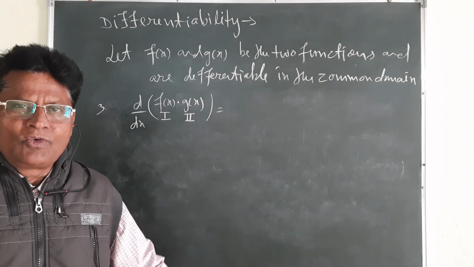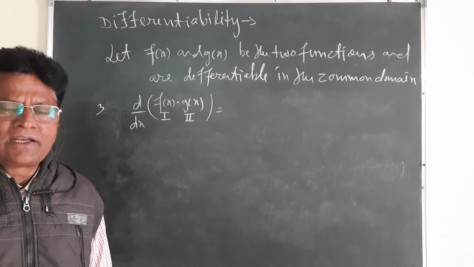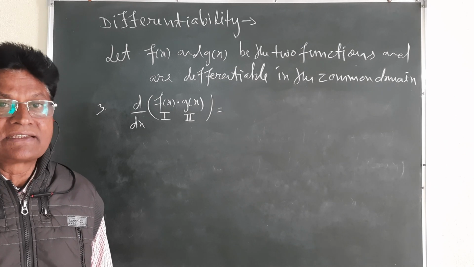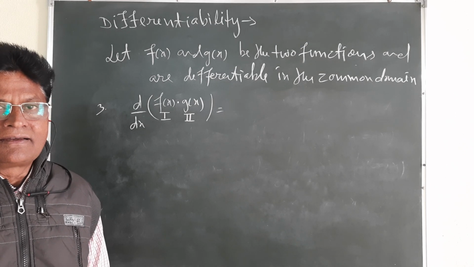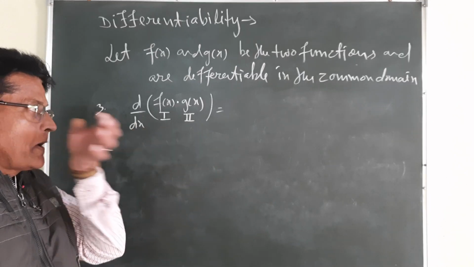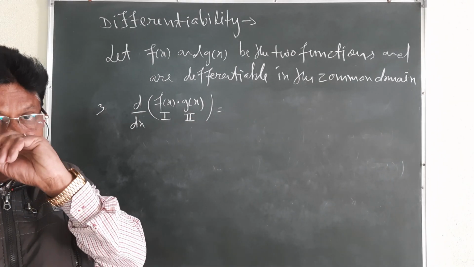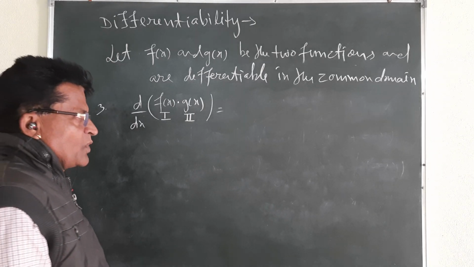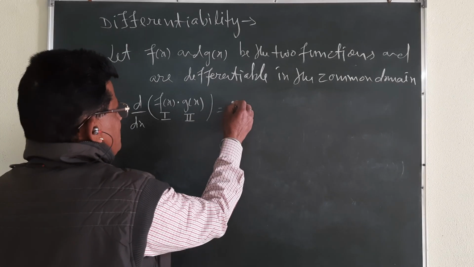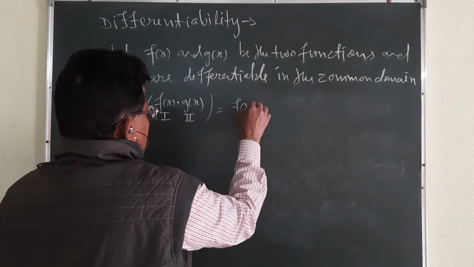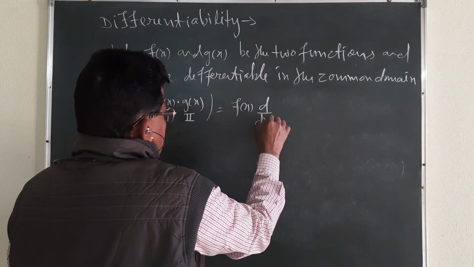In integral calculus also, you will have to find the integration whenever the product of functions is given. Here, we will use this procedure. In integral calculus, you will use the integration by parts procedure. The first function you keep as it is, and the derivative of the second function.